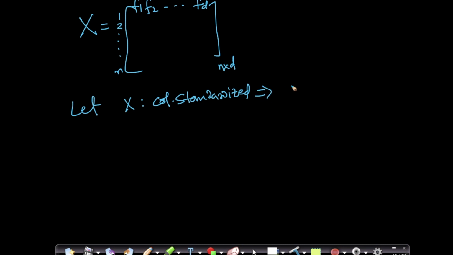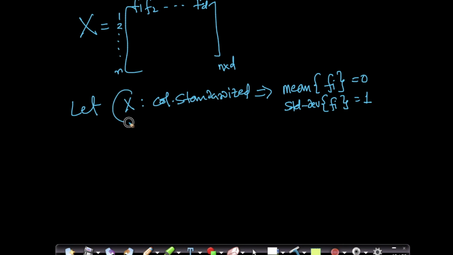It means that the mean of any of my Fi equals 0, and the standard deviation of any of my features equals 1. We just learned about this. Let's assume X has been column standardized.